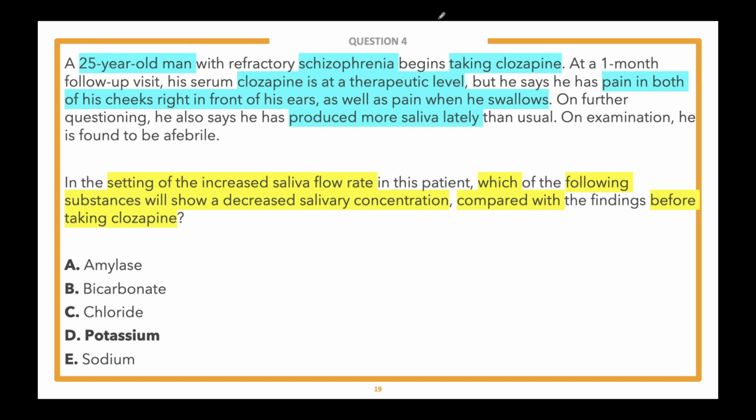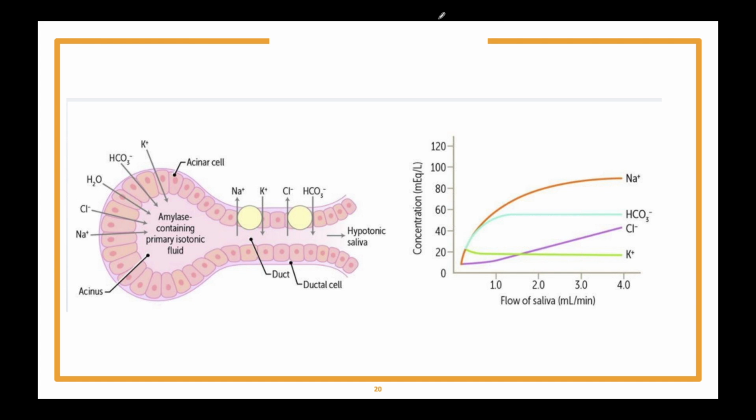So on the next slide, Sean has actually gone ahead and pulled up some important figures from First Aid, okay? So you can see here we have the ductal acini and the acinar cells that secrete these into what ends up being saliva, okay?